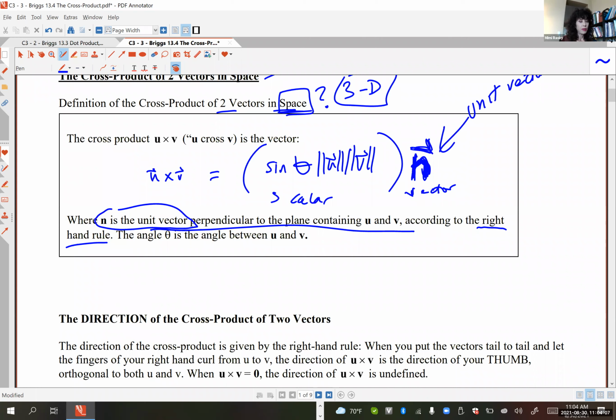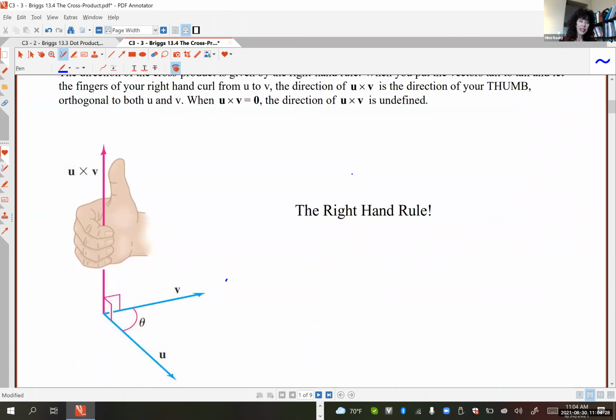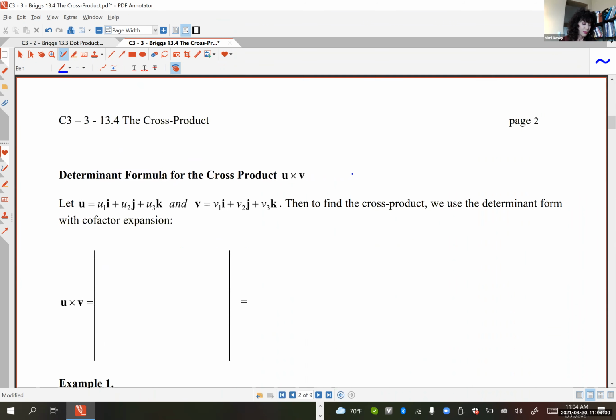Now, folks, I want to be completely straightforward with you here. Let's be clear. You're not going to be using this formula on any of the quizzes and exams. Well, why'd you give it to us? Because that's the official definition. Well, how do we get the cross product then? We're going to get there. Patience. Let's move forward now.